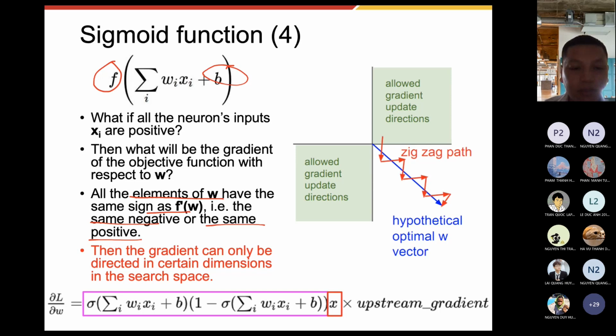So we see that for the sigmoid function, this part is positive, right?